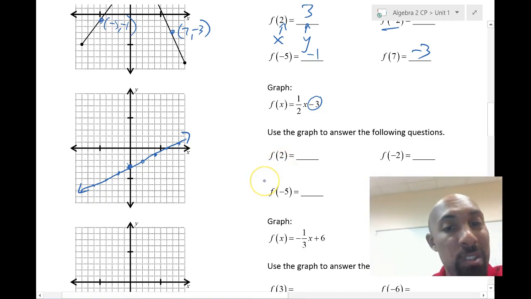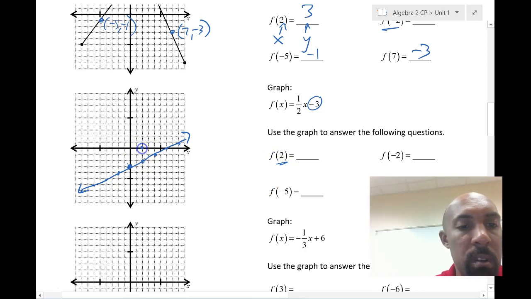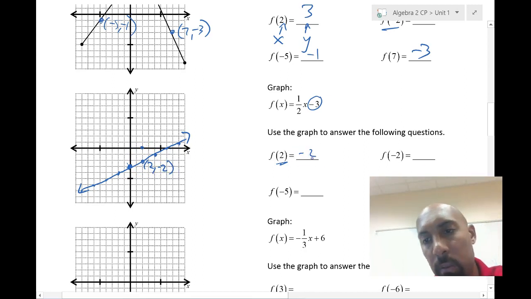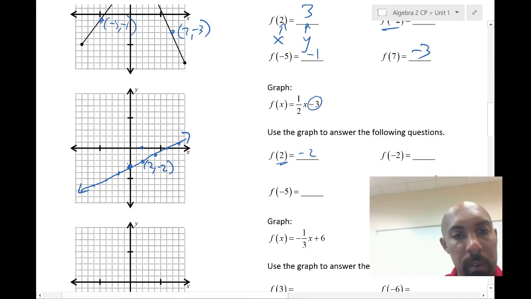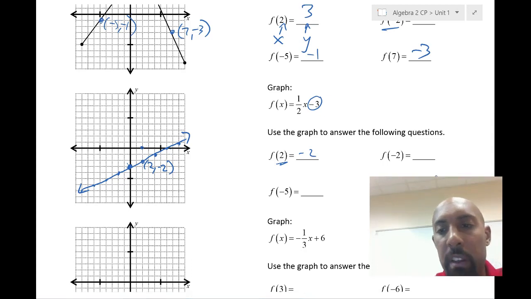Okay, so now I just do the same thing. Here's the input at 2, and then I go down to negative 2, which is the output. And you finish the rest of these values. Pause the video and you find the rest. Okay, you should have taken a moment to find the rest.